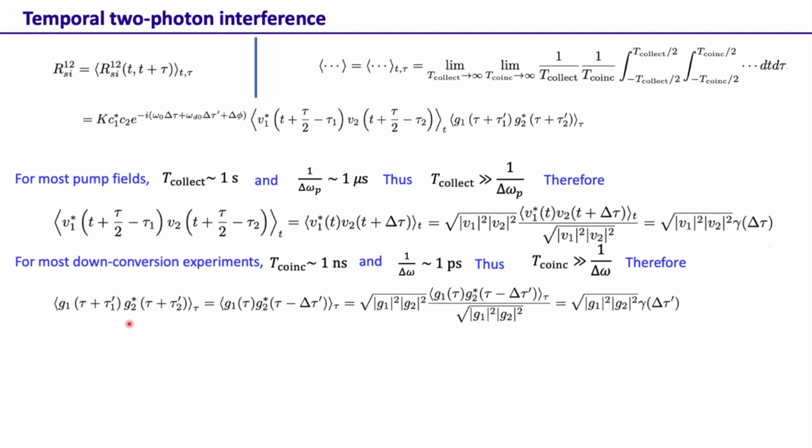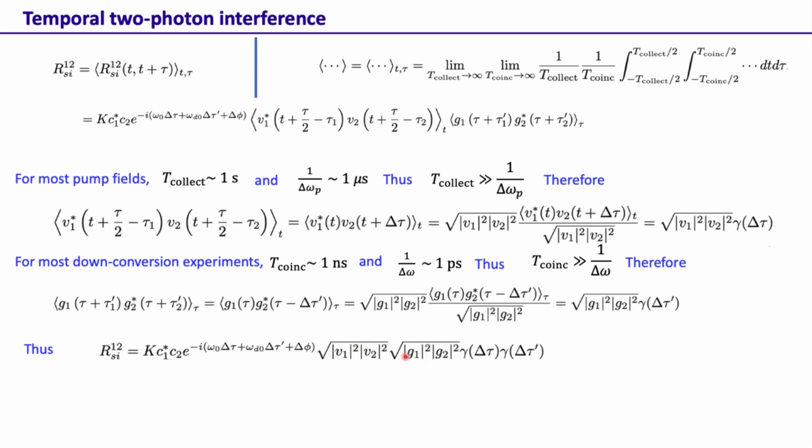And similarly we can write this quantity in this manner, where gamma delta tau prime, that's the time averaged degree of coherence. So with these two we can now write this time averaged quantity in this manner. This is much more simplified. This V1 squared, this is the pump amplitude of the pump in alternative 1, amplitude of the pump in alternative 2.